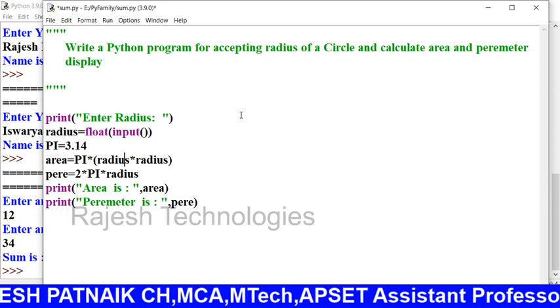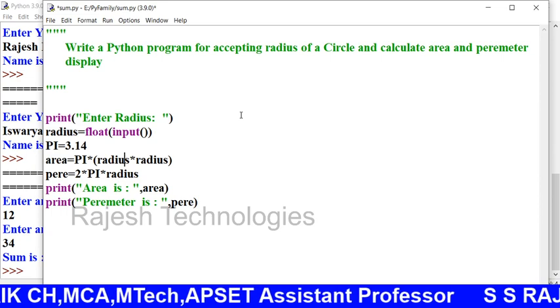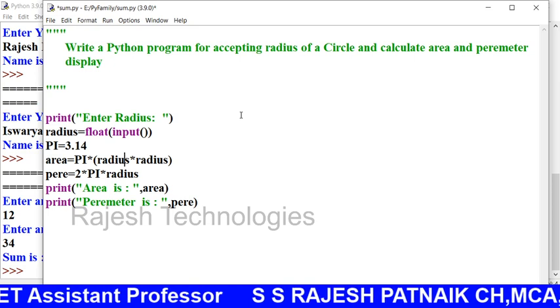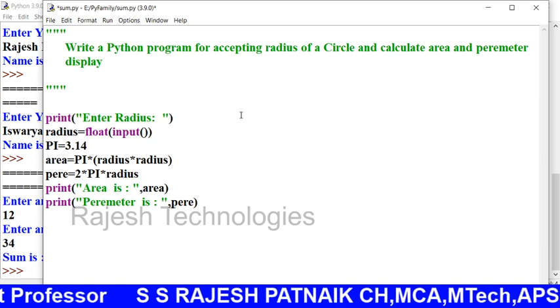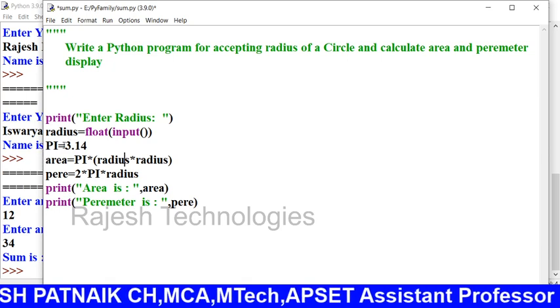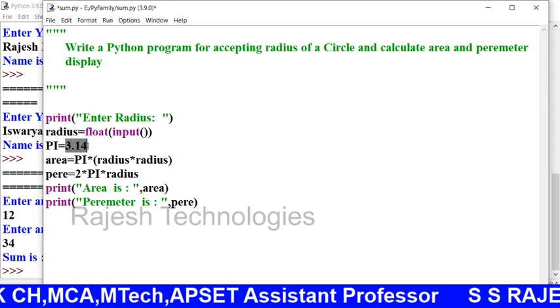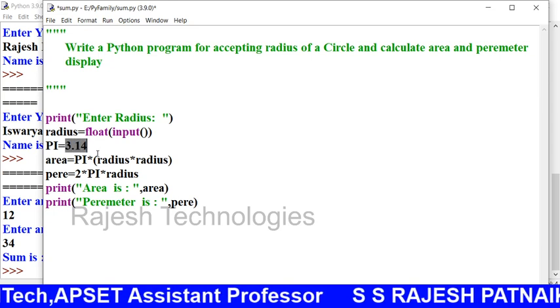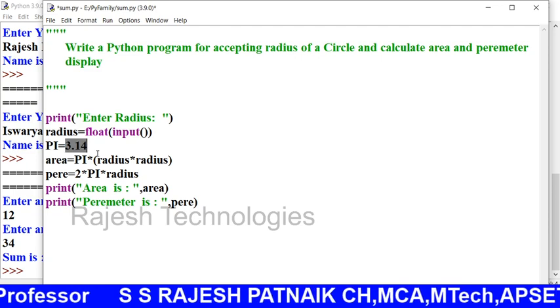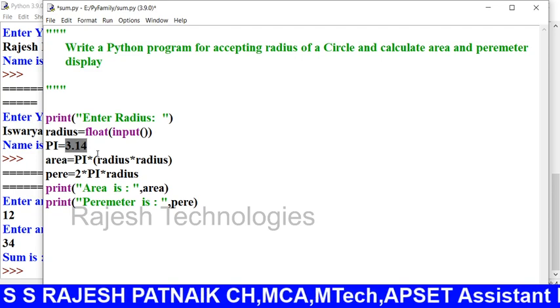So Aishwarya, you understand, otherwise I have to explain. Pi, you know pi value, basic pi value. Pi means pi. Pi value, you know, in mathematics.